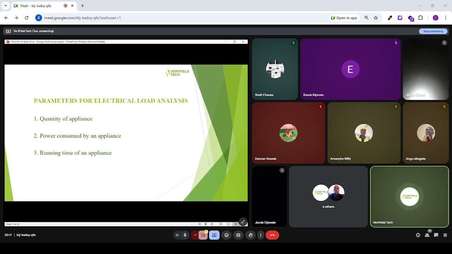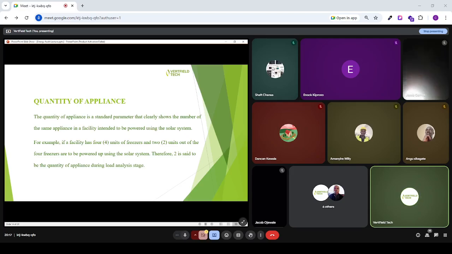Let's take them one after the other. The quantity of appliance. What is the quantity of appliance? It simply tells you how many of the same appliance our client intends to power up using the solar system. It is a standard parameter that clearly shows the number of the same appliance in a facility intended to be powered using the solar system.